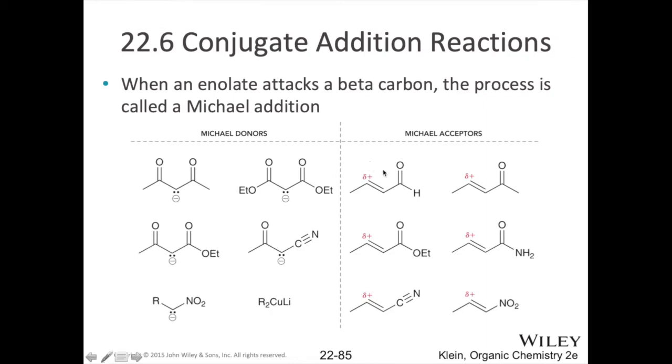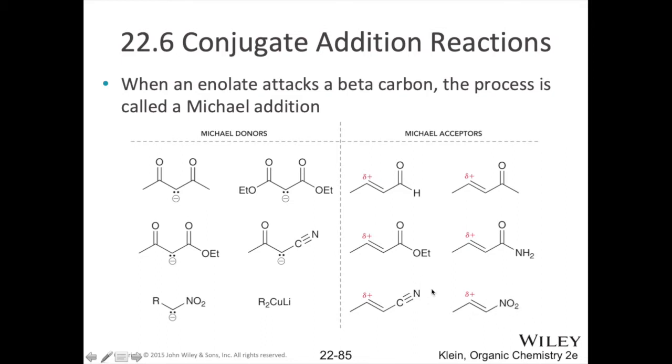Michael acceptors, of course, are those alpha-beta unsaturated carbonyls. Now, what else is on that carbonyl can vary. We could have that carbonyl be an aldehyde group, it could be a ketone group, we can have an ester, we can have an amide, we can have a nitrile, which doesn't have a traditional carbonyl, but it's still lumped in with those acid derivatives. And also we can have a nitro group here.